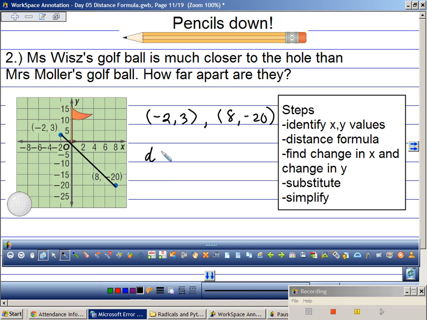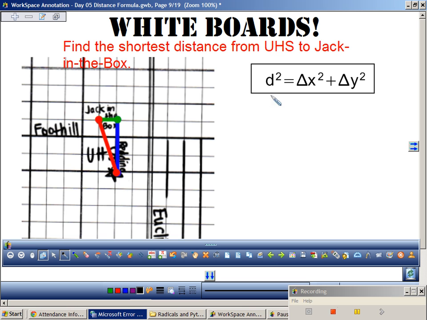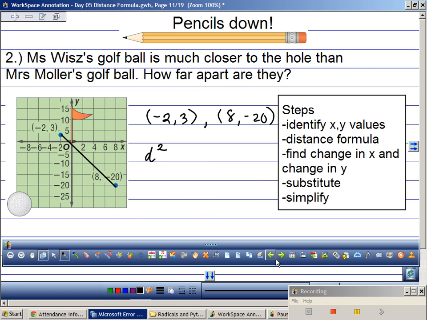So, distance squared equals, do you guys like this way better? Where it looks like Pythagorean theorem, like this, and take the square root at the end, or would you rather see the square root first? Square root, I think it's easier to do the square root. They're the same thing, right? Okay. So d squared equals my change in x.